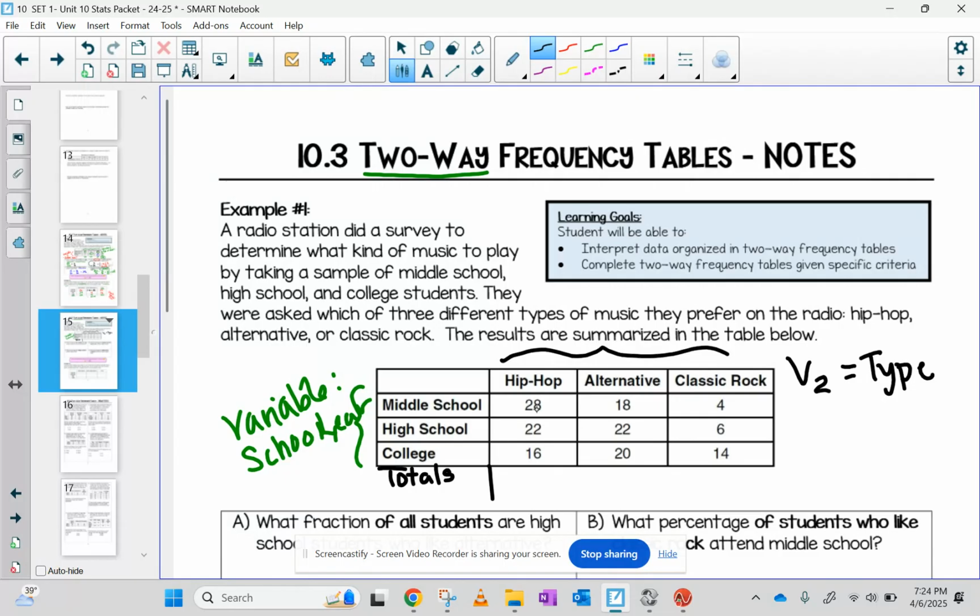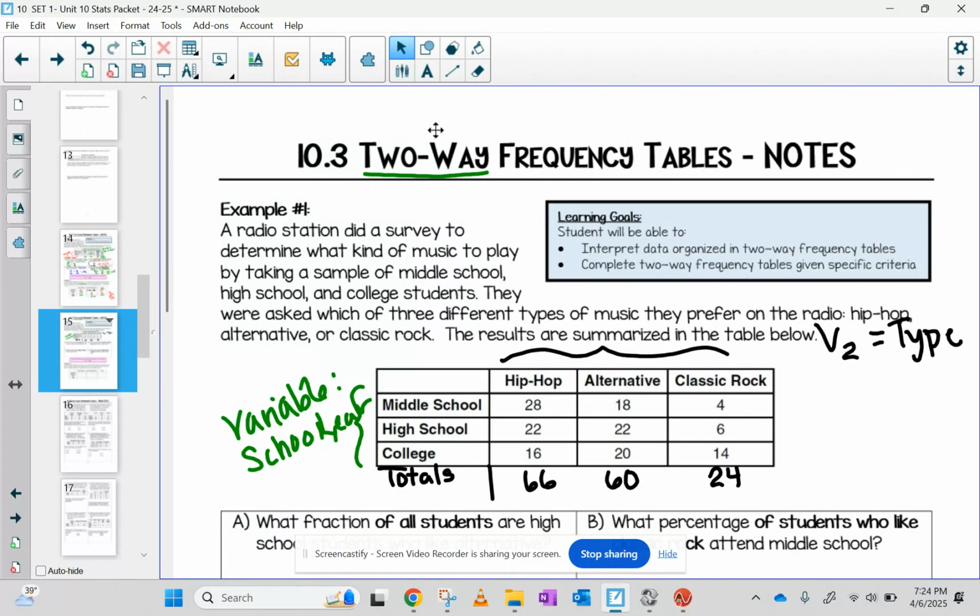So total these numbers up. Let's see, 6 and 6, 12, and 10 carry the 1 for 60, and 10 and 14, 24. And then along the other totals, I'm going to do another column for the totals over here, totals.